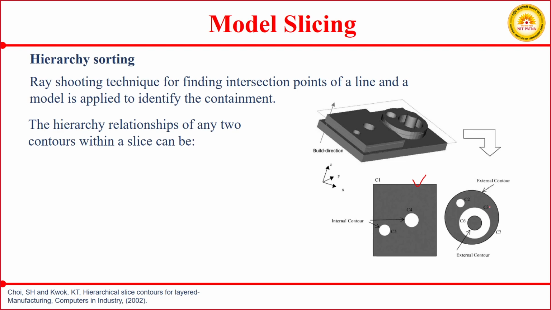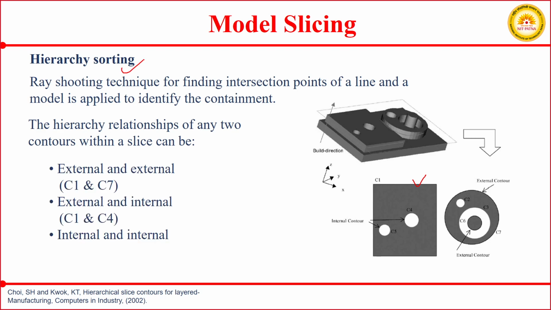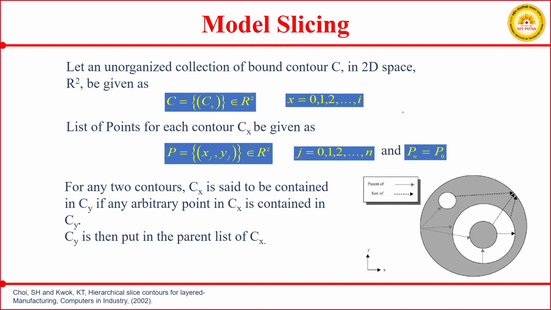Here C2 is son of this external contour, or you can say C1, and C3 is parent of C6. This way we could build the parent-son relationship, and that was used in hierarchy sorting to find out the hierarchy between these different contours.